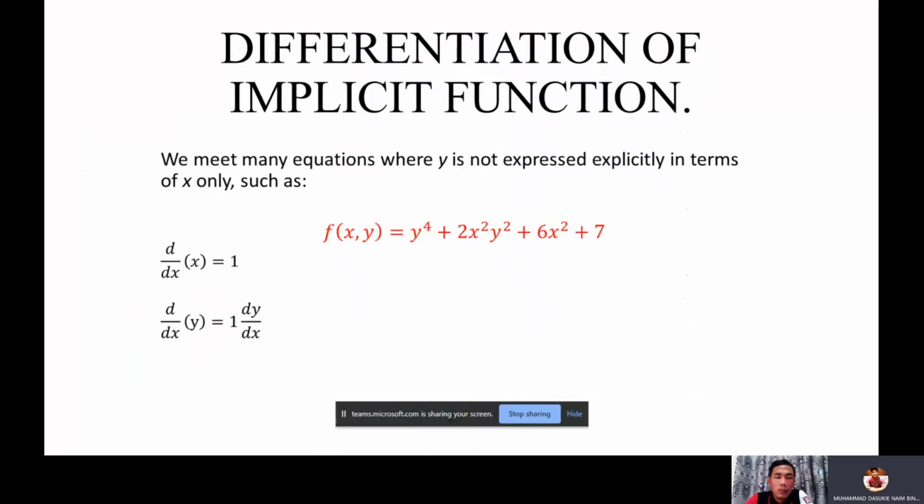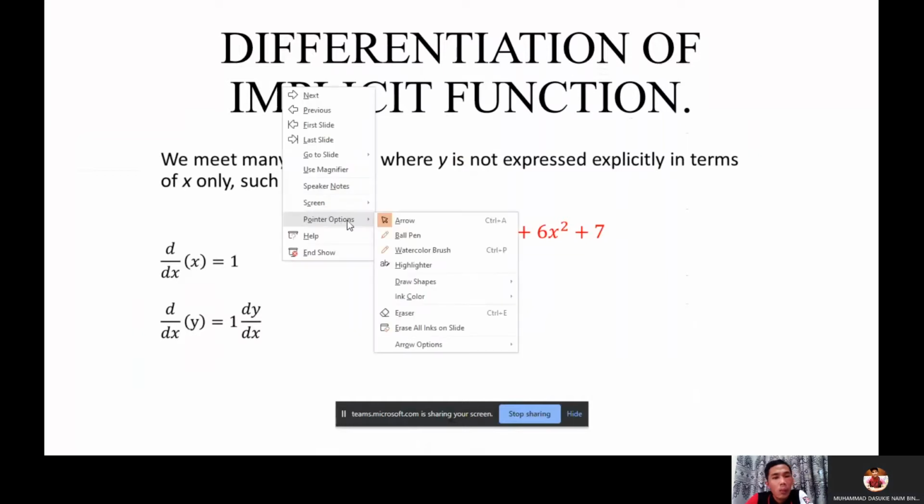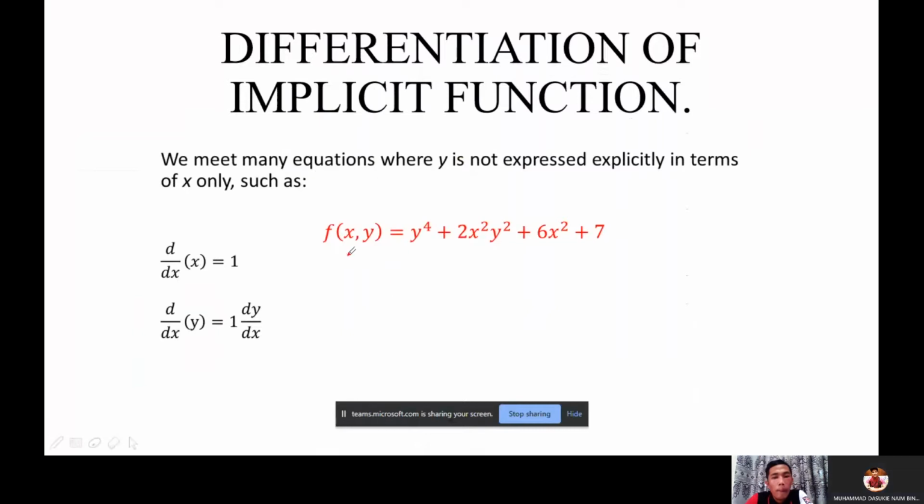For example, f(x,y) equals y to the power of 4 plus 2x squared y squared plus 6x squared plus 7.